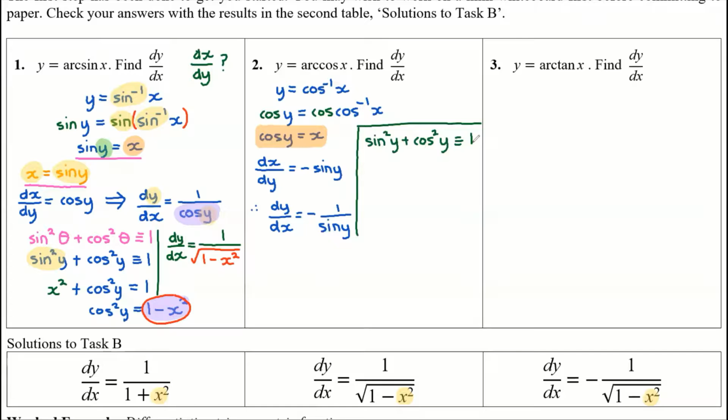Now, that also means that if I substitute in cos y in this case, which is here, for x, I'll get the same result essentially as I did previously. So the cos y is going to be replaced with x squared, like that.